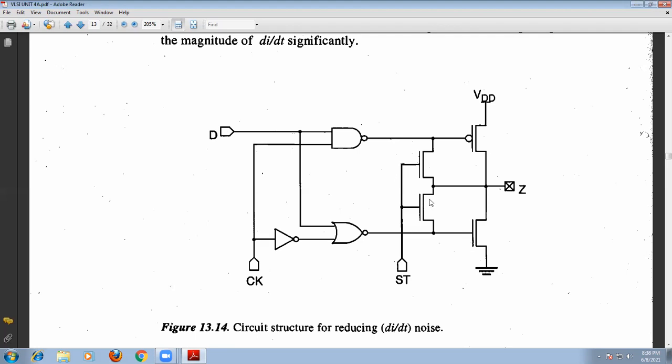That means we design a circuit such that the voltage at the gates of the transistors reaches the value of VDD by 2, that is the half of the voltage. That is the condition you have to remember.